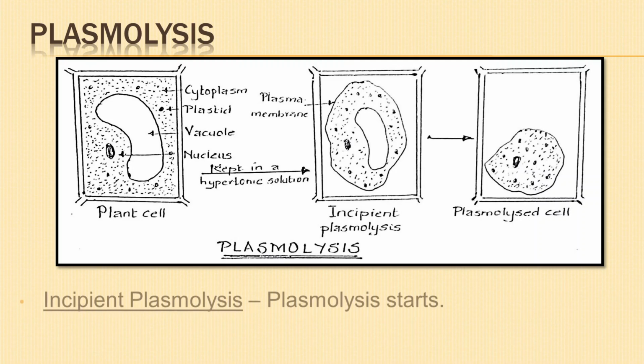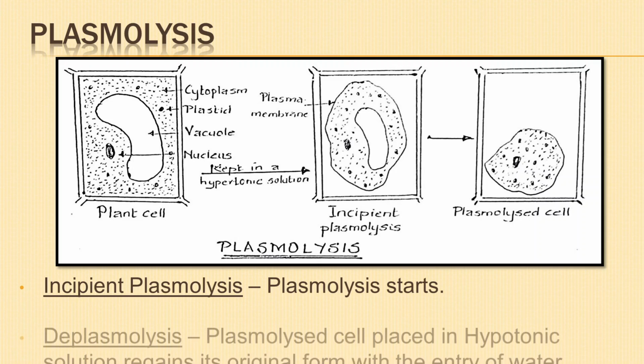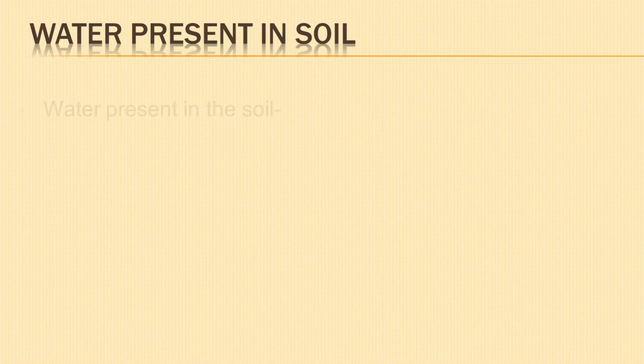The stage at which plasmolysis starts is known as incipient plasmolysis. When plasmolyzed cell is placed in hypotonic solution, water enters the cell and the protoplasm regains its original form. This is known as deplasmolysis.